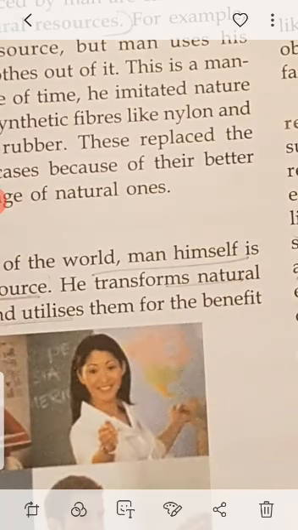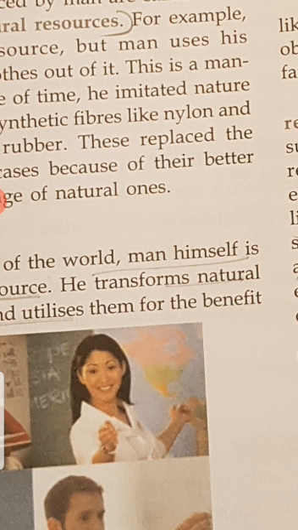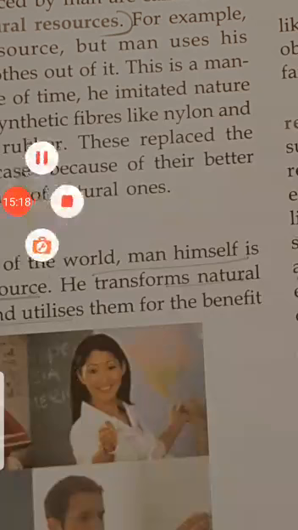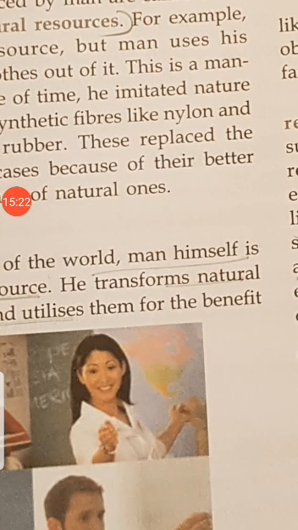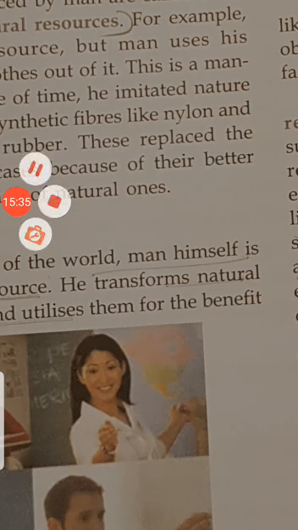So man-made resources are those with which people's hand is involved, and from one natural resource they used their intelligence to make something else. Like from normal cotton, from the cloth, they learned to make synthetic polyester, and all these things give us a good idea about man-made resources.